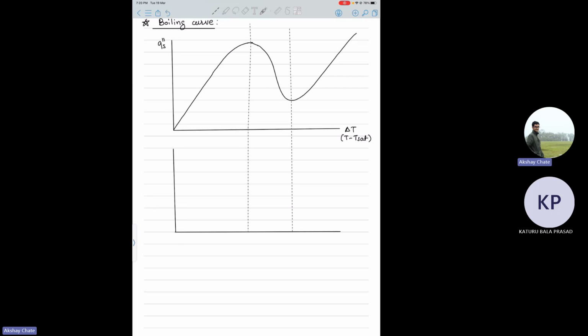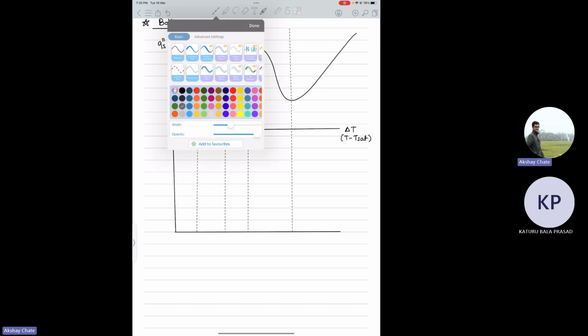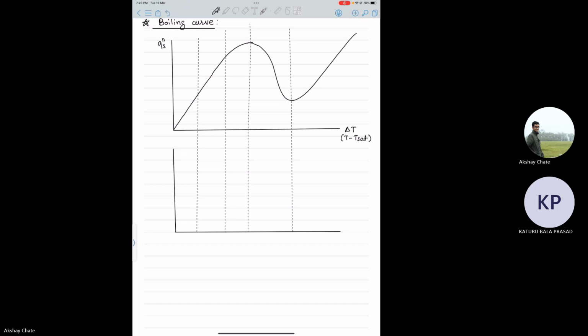There will be a couple of regimes here also. So this is the region of your pool boiling. And this is the region of your transition.